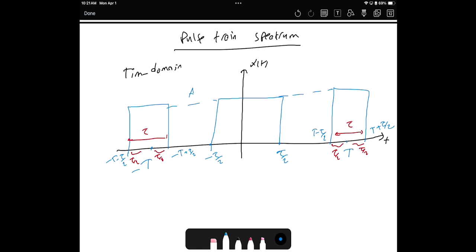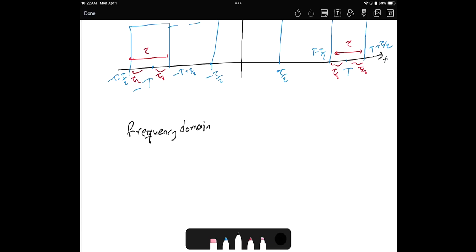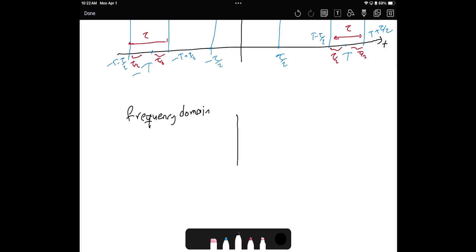This is the time domain. Now, how does it look in the frequency domain? It will look like we put an envelope as a sinc.